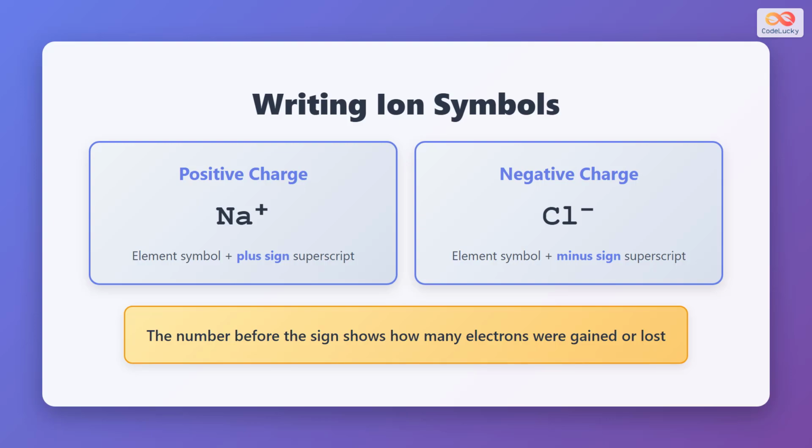The number before the sign is very important. It shows how many electrons were gained or lost. If there's no number, it means 1 electron. Calcium 2+ means 2 electrons were lost. Oxide 2- means 2 electrons were gained. This notation system allows chemists worldwide to understand exactly what ion is being discussed.